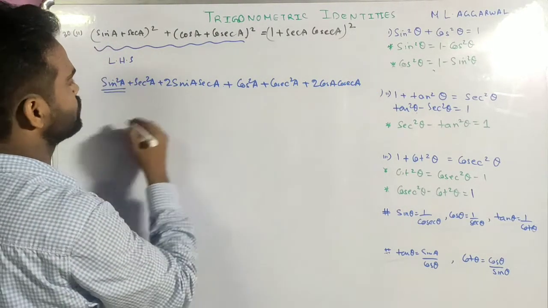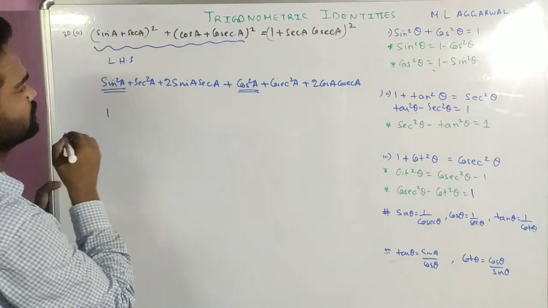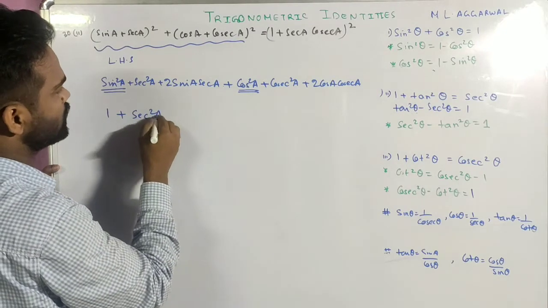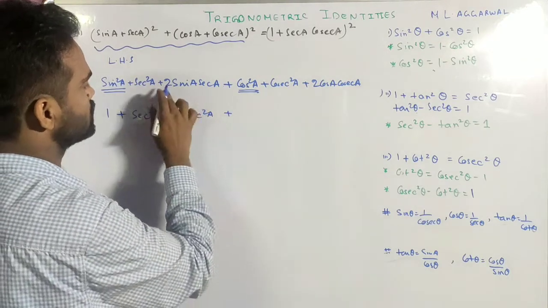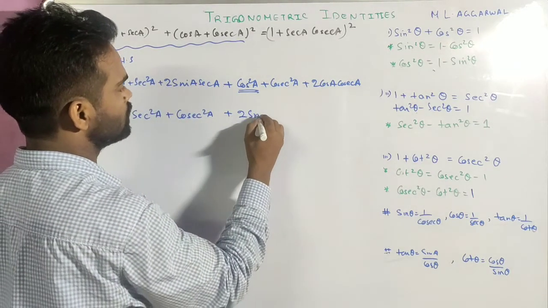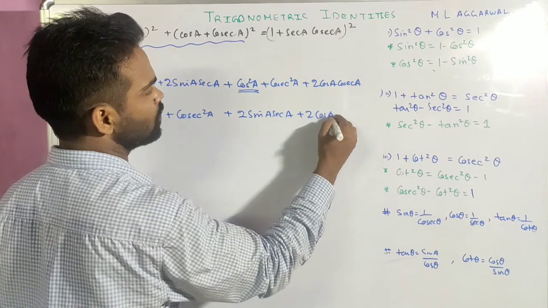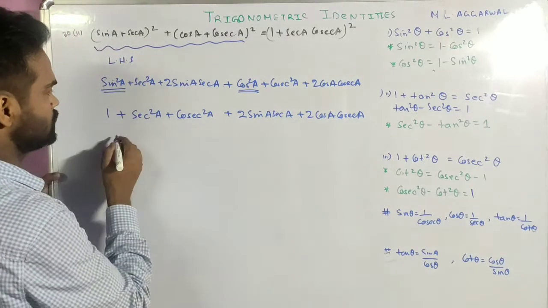Sin square A plus cos square A is 1. So 1 plus sec square A plus cosec square A plus this is what? 2 sin A sec A plus 2 cos A cosec A. Isn't it? Just look carefully.